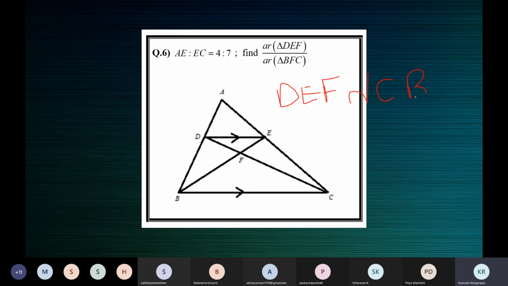Now the ratio of their areas, we have it here only.